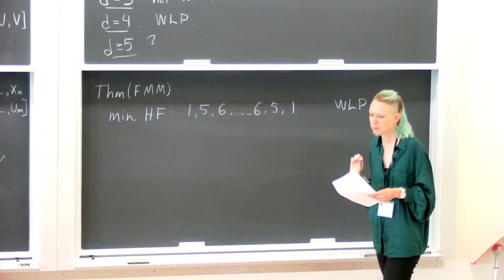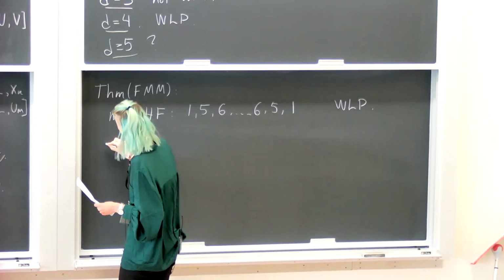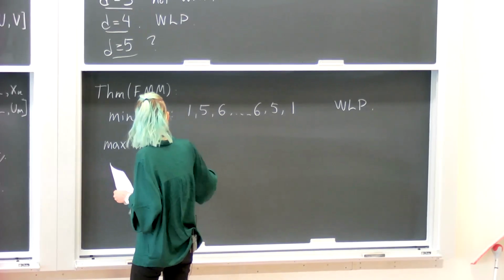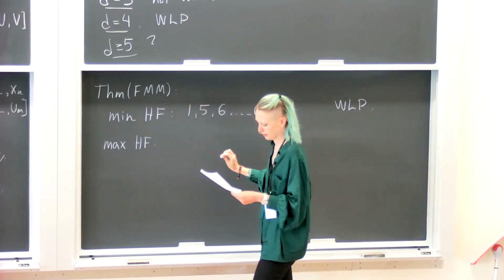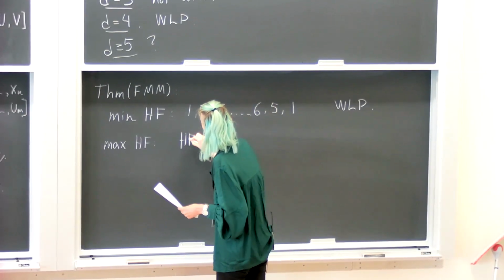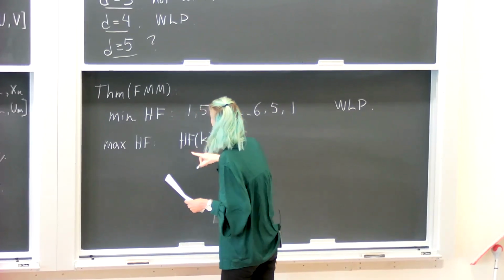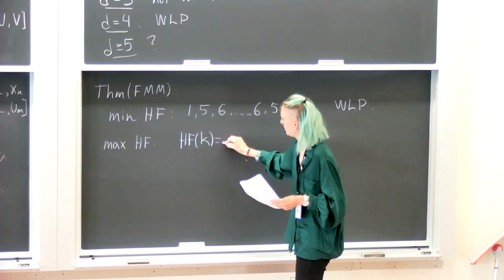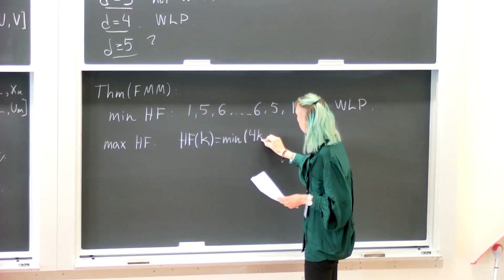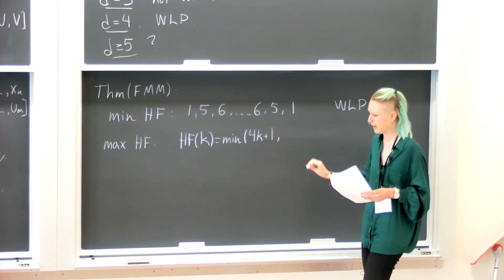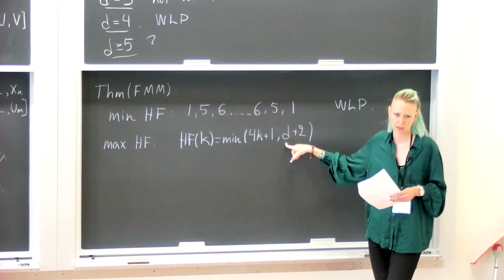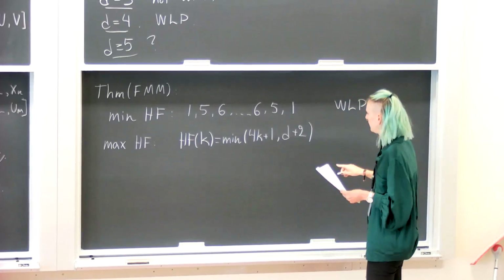And the minimal possible Hilbert function is this one. So it's 1, 5, 6, and then it just stays constantly 6 until it's time to go back to 5 and 1. They're always symmetric because it's a Gorenstein algebra. And in this case, if your Perazzo algebra has this Hilbert function, then it has the WLP. And there is also a maximal Hilbert function. Let's write it like this. So the Hilbert function in K is equal to the minimum of 4K plus 1 and D plus 2, where D is the Sokal degree, up to the middle.